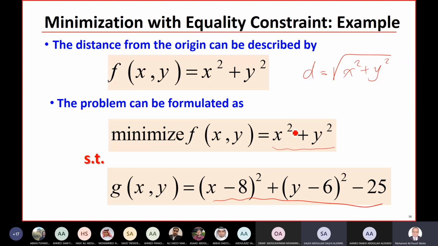Not that much, because the distance is always positive, so if you minimize this or minimize x² + y² directly, it will not affect the result.